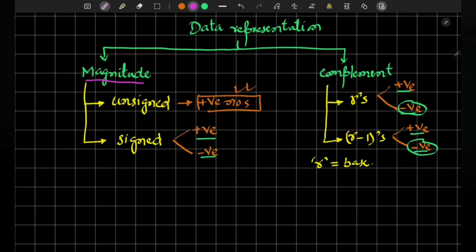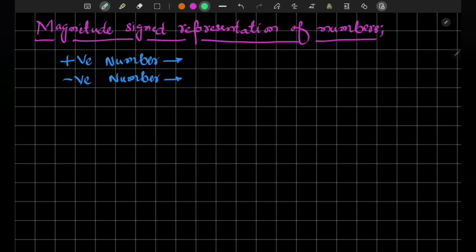Now let us discuss magnitude signed representation of numbers. In magnitude signed representation, a positive number is represented by appending 0 before the most significant digit or most significant bit of the number, and a negative number is represented by appending R minus 1 in front of the MSD or most significant bit.